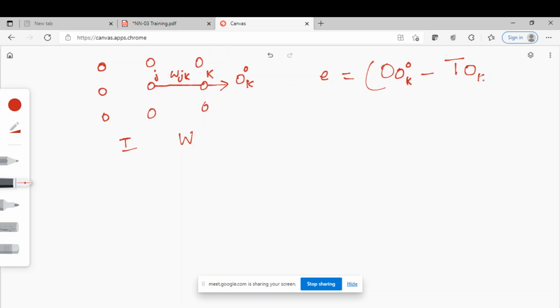It can be either way, either T_k minus O_k or O_k minus T_k. That's not an issue because we are going to square it. So this is the error.